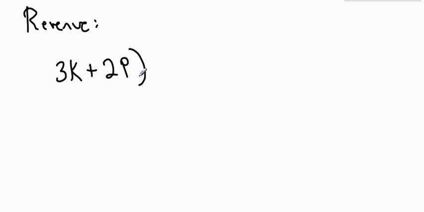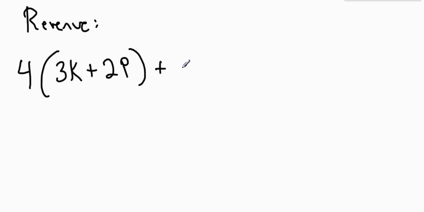So let's do revenue. Every adult ticket was $4. So on the first night, I had 3K adults. On the second night, I had 2P adults. And for all the adults, I made $4 a ticket.